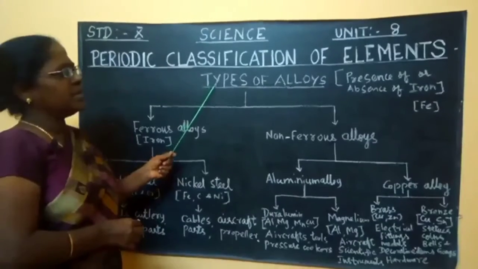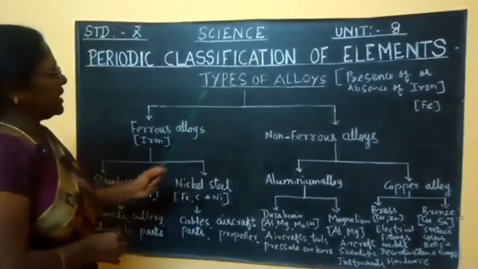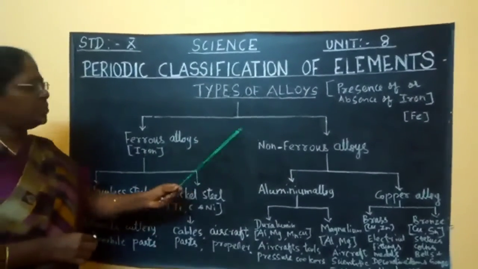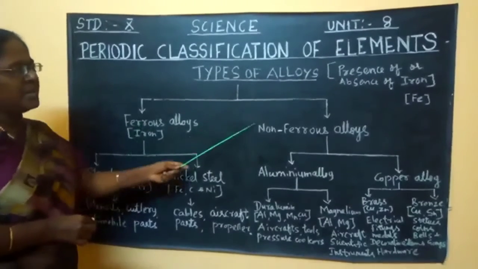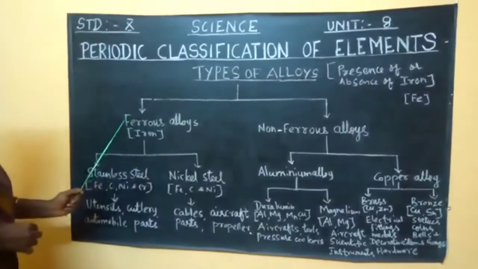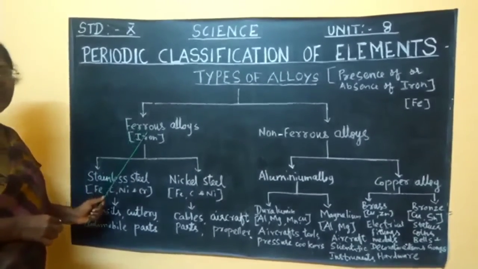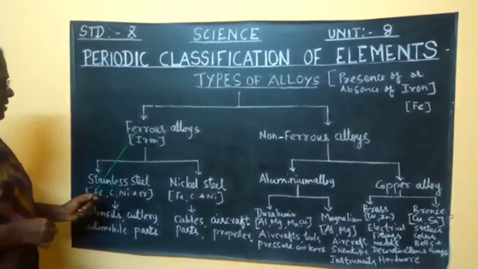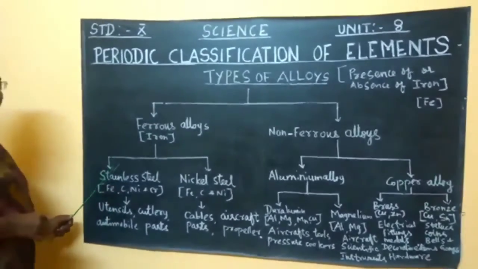And we are going to see about types of alloys. The alloys can be classified into two types. One is called as ferrous alloys, another one is called as non-ferrous alloys. Ferrous alloys, here it contains iron as major components. So this ferrous iron, it is having some examples.